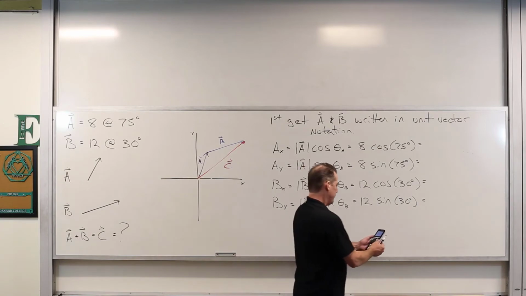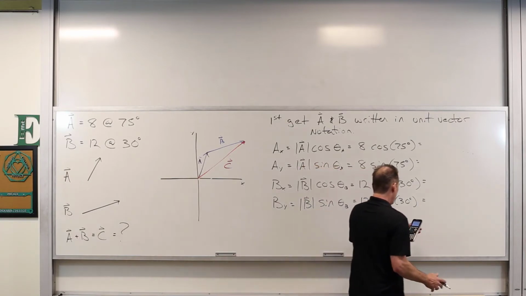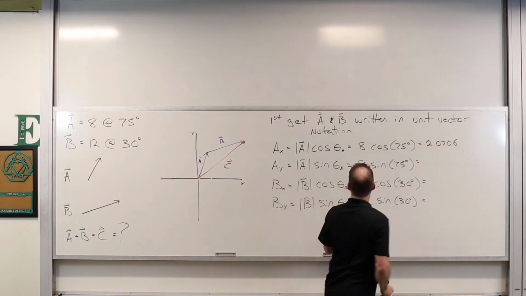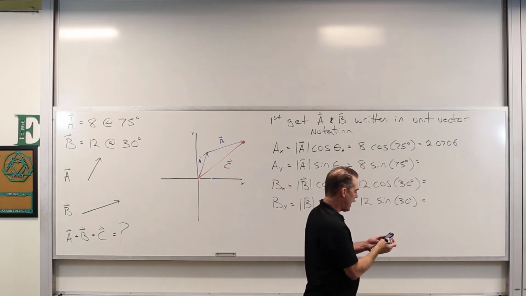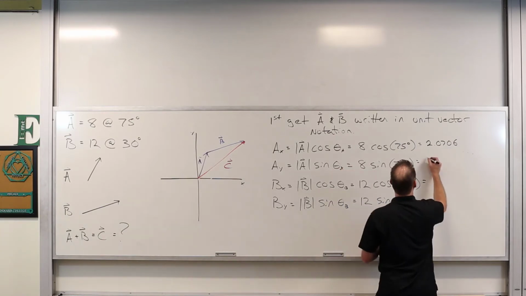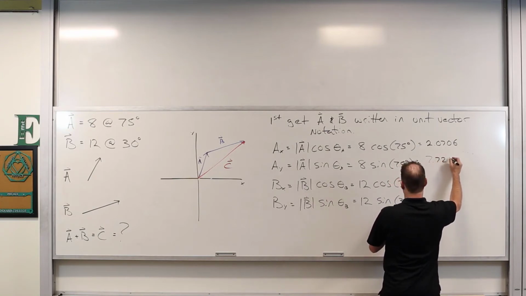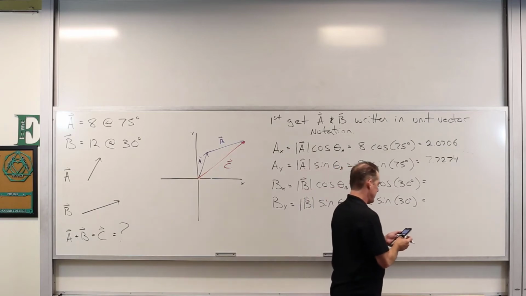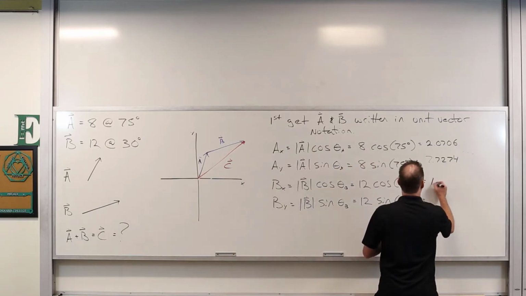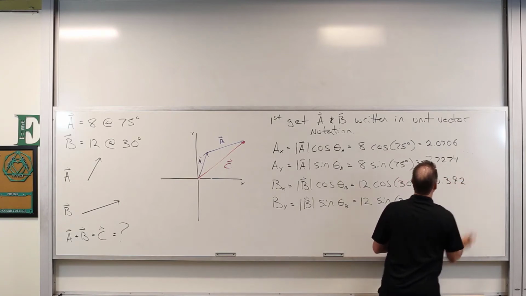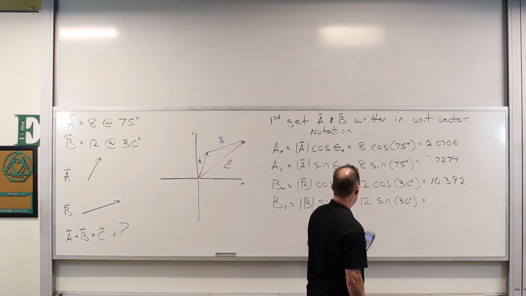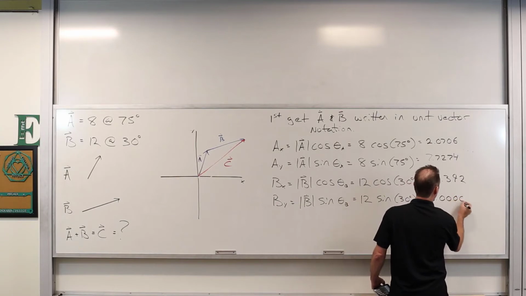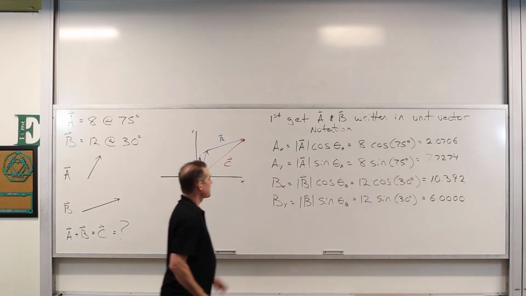From this, we get 2.0706 for A sub x, 7.7274 for A sub y, and B sub x is 10.392. The sine of 30 is just 1/2, so B sub y is 6.0000. There we go. There are our X components and Y components.